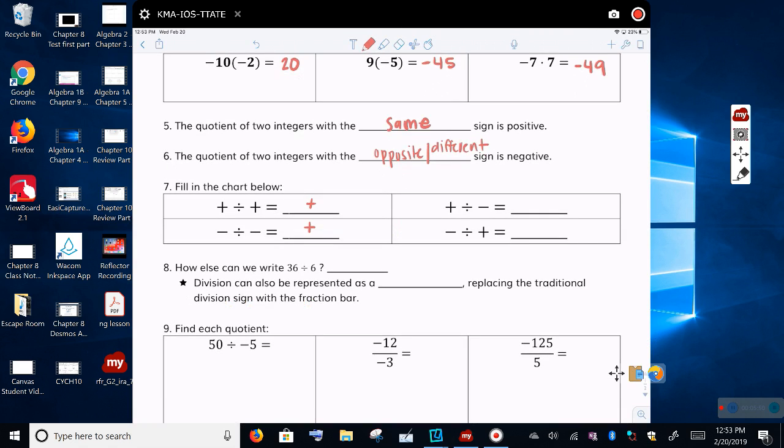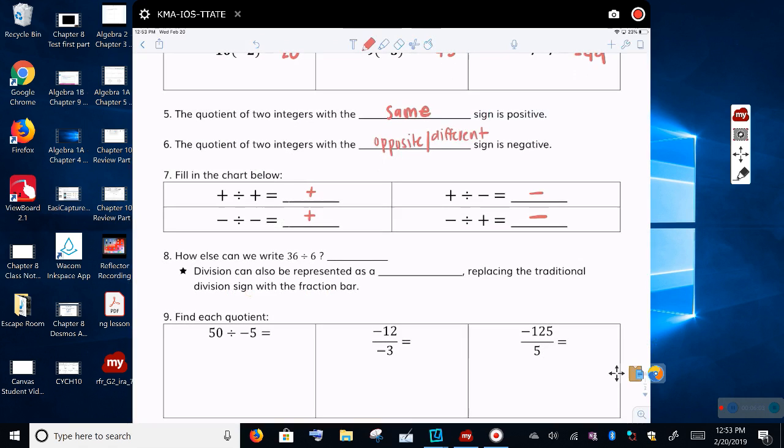Okay, what sign would I have here on this side? Negative or positive? Negative. How come? They are different signs. Now I can also substitute the division sign for something else. We don't always have to use a division sign when we're dividing. There is a different way. The slash, like the diagonal one.